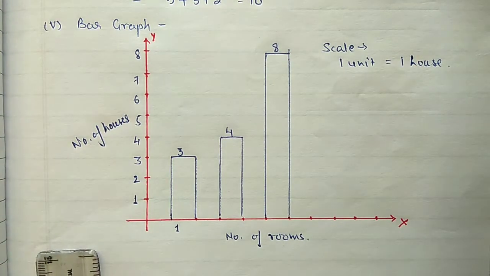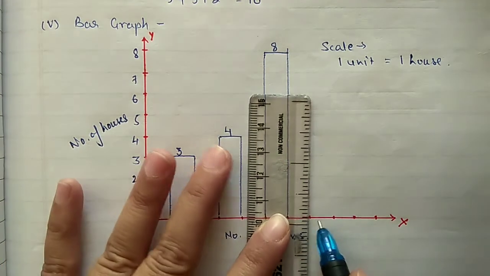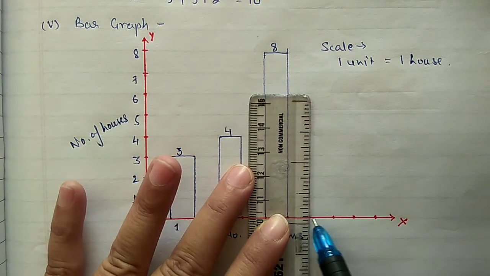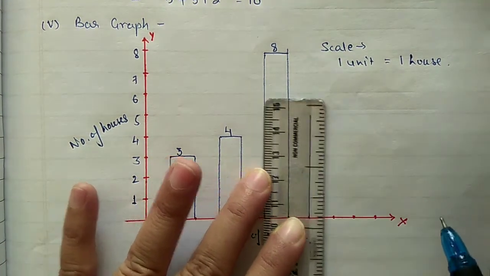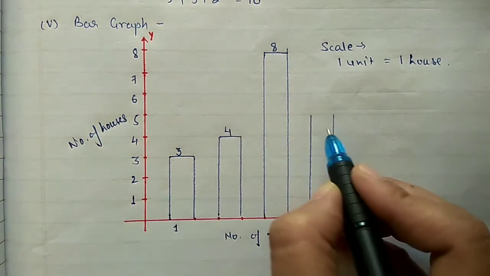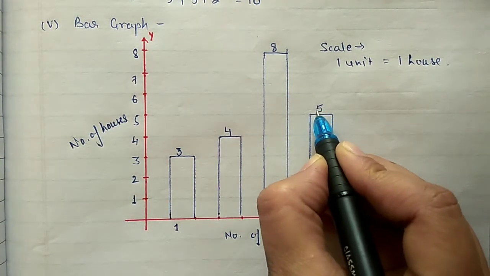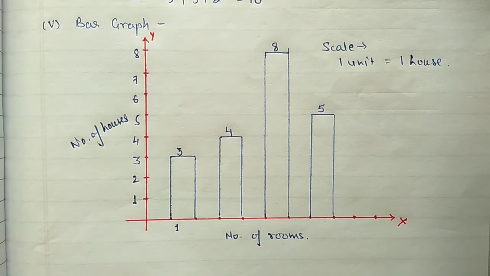Then 4 rooms are having 5 houses. Then 5 rooms, 3 houses.